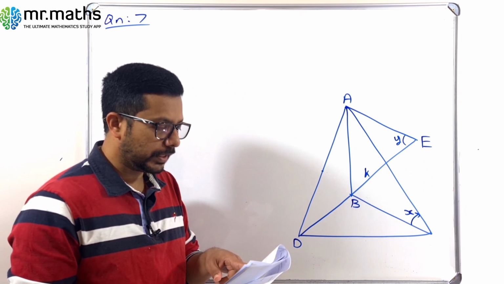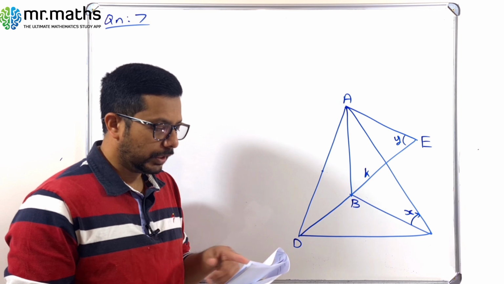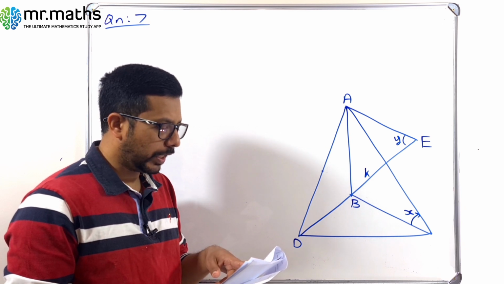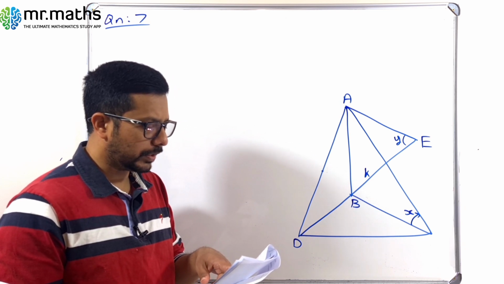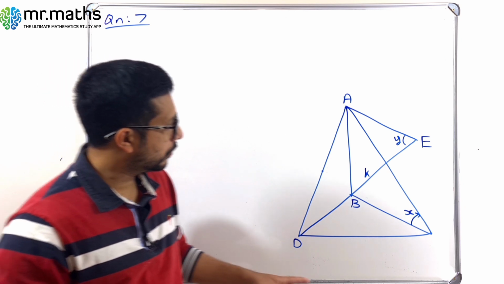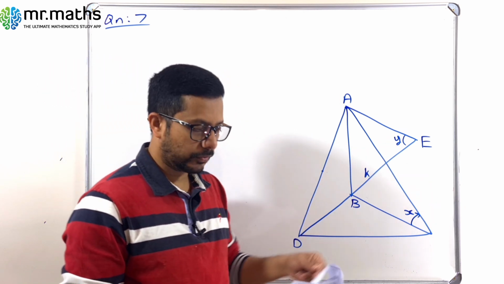The points B, C, D, E are on the same horizontal plane. The angles of elevation from C to A and from E to A are X and Y respectively. So this angle is X and this angle is Y.